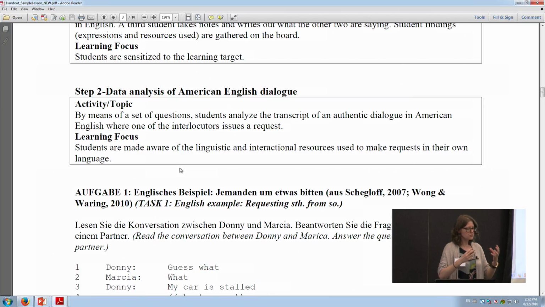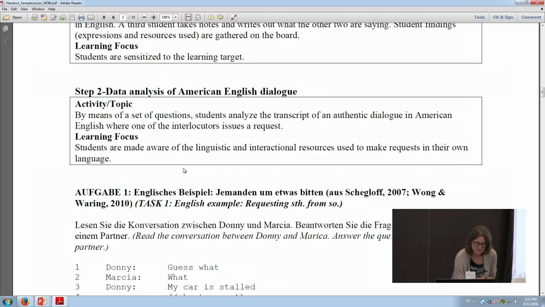And I think those two phases kind of go hand in hand, yeah. Because first, what I would do, and what I did here too, is give students a dialogue or a transcript in English, and give guiding questions, and then do the same thing for German, and then have them compare and contrast, okay.